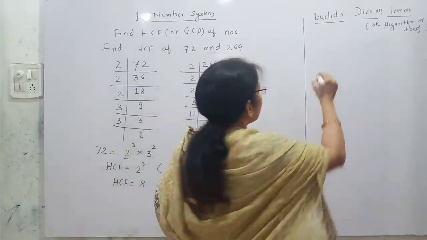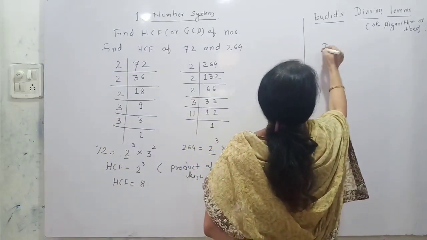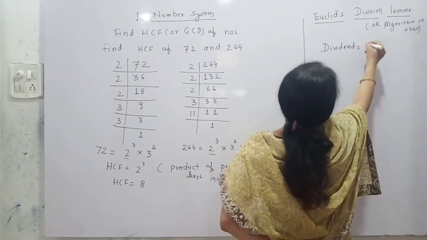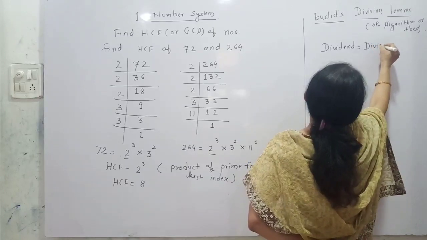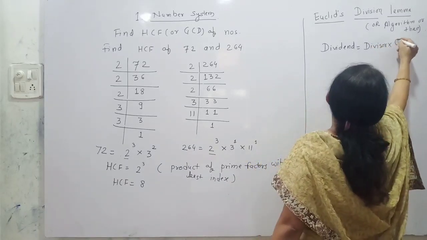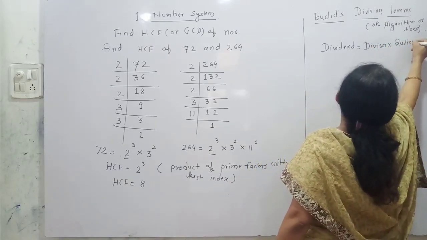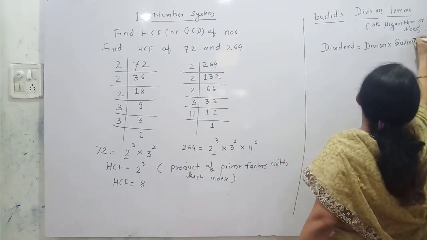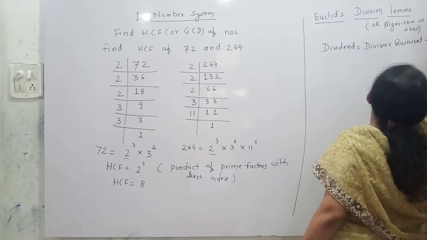You know that dividend is equal to divisor multiplied by quotient plus remainder.